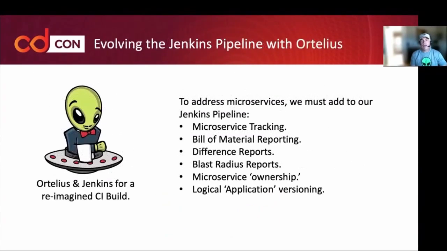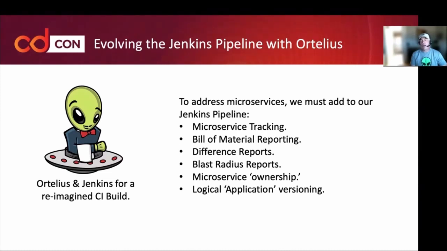So how does Ortelius help evolve the Jenkins pipeline? One of the things that we need to look at with microservices and Jenkins is the data that we want to get out of Jenkins and how we can bring that back to give us that logical view of an application. Whenever we build a microservice, we're going to hook into the Jenkins pipeline, and we're going to track that that microservice has been created.